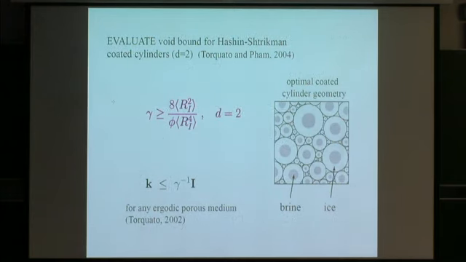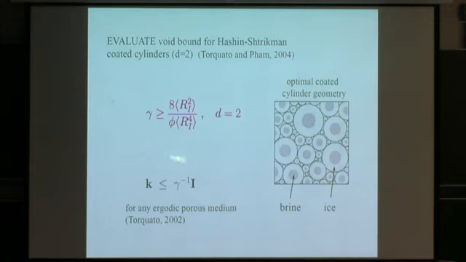And then you can evaluate those bounds for these Hashin-Shtrikman coated cylinders, which are optimal in the homogenization context. And then the bound on the trapping constant involves the ratio of these moments of the radii of the inclusions, which I assume you guys have some information about in your melt case.